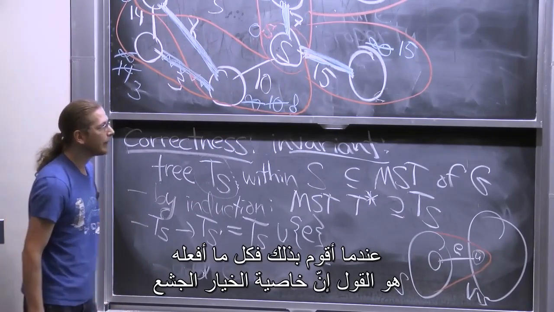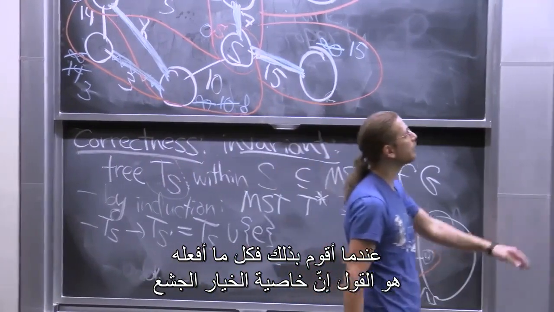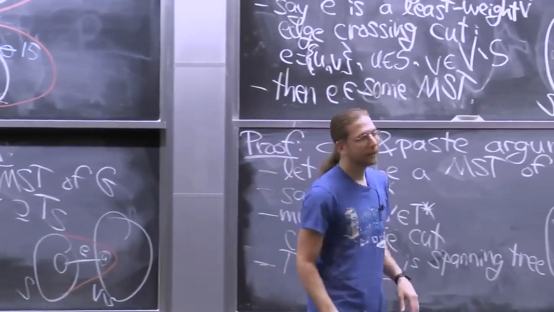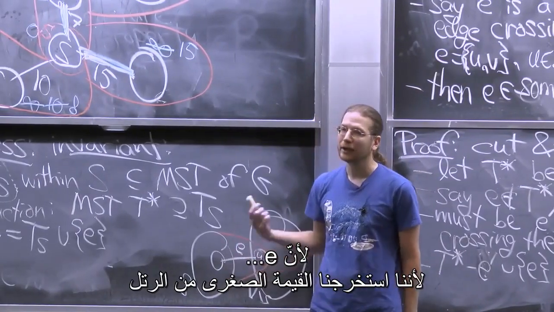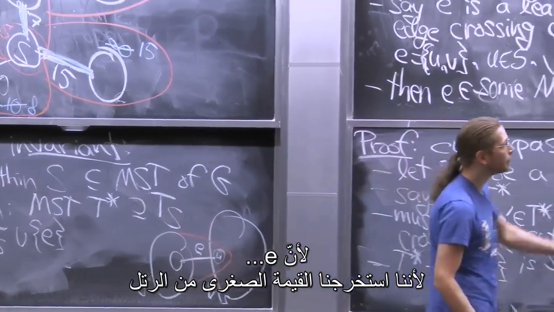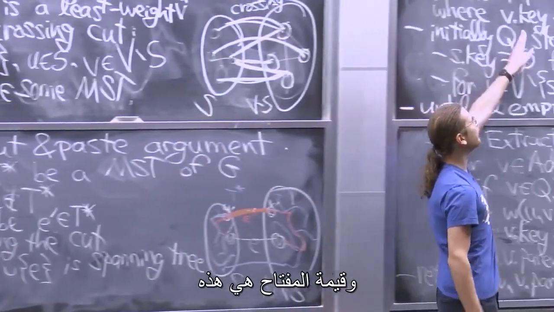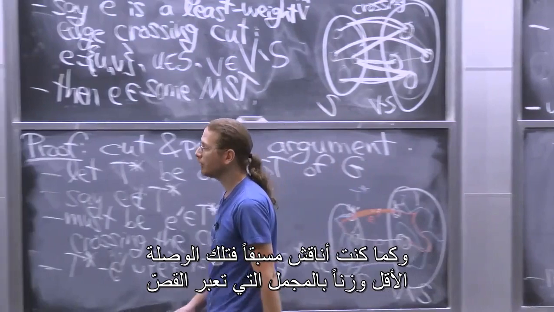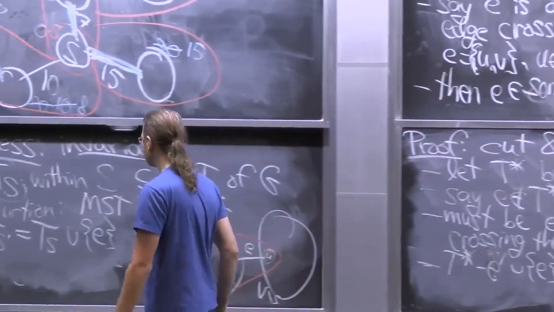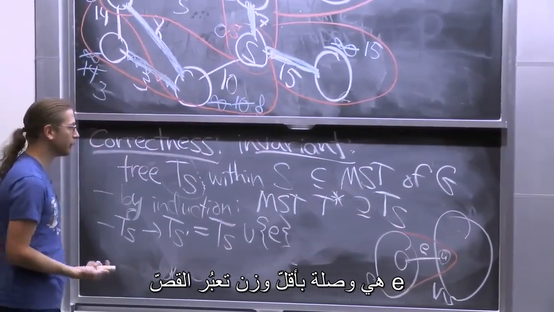OK, when I do that, all I do is say, look, greedy choice property guarantees there's a minimum spanning tree that contains E because we extracted the min from the Q, and the key values are this, as I was arguing before, that is the minimum overall edge that crosses the cut. E is a minimum weight edge that crosses the cut.